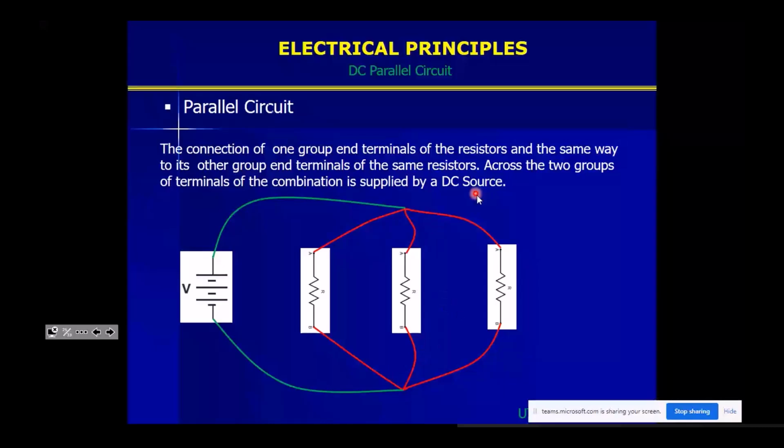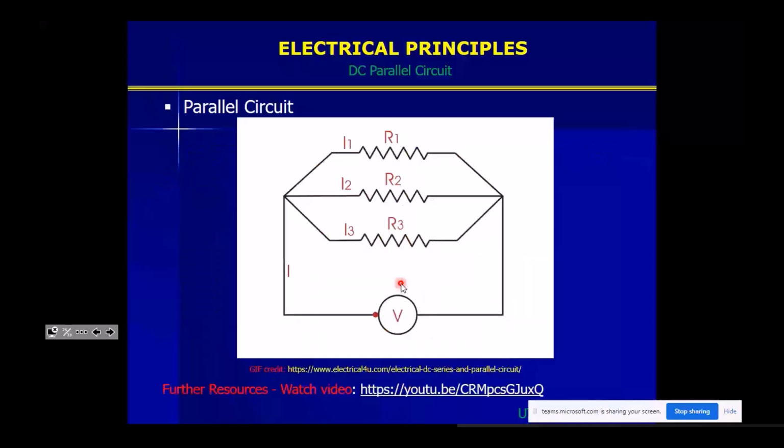Since there are 3 branches, we have branch current 1, branch current 2, and branch current 3. But these 3 currents will meet again at this point. It will return to be the total current and complete its path to the negative. So the cycle goes that way. You can see the animation. Watch carefully.